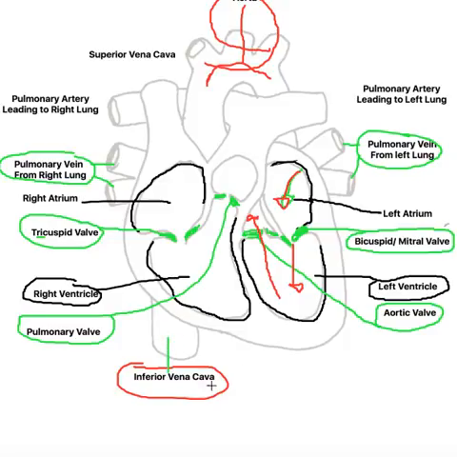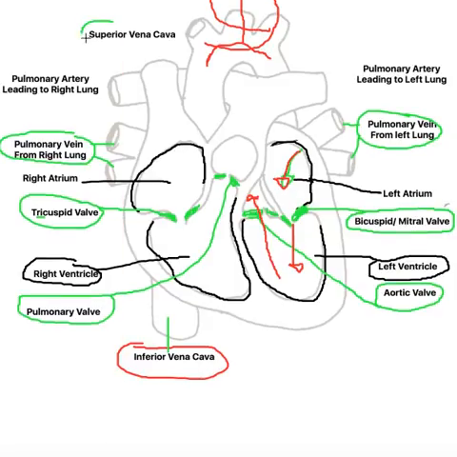Okay, this is bringing blood back from the lower part of the body, and you have a superior vena cava, which is bringing blood back to the heart from the upper body. Now, both vena cavas feed this space here, which is our right atrium. So both vena cavas bring blood back to the right atrium. One from the lower part of the body, so our legs, and one from the upper part of our body, which is a superior vena cava.